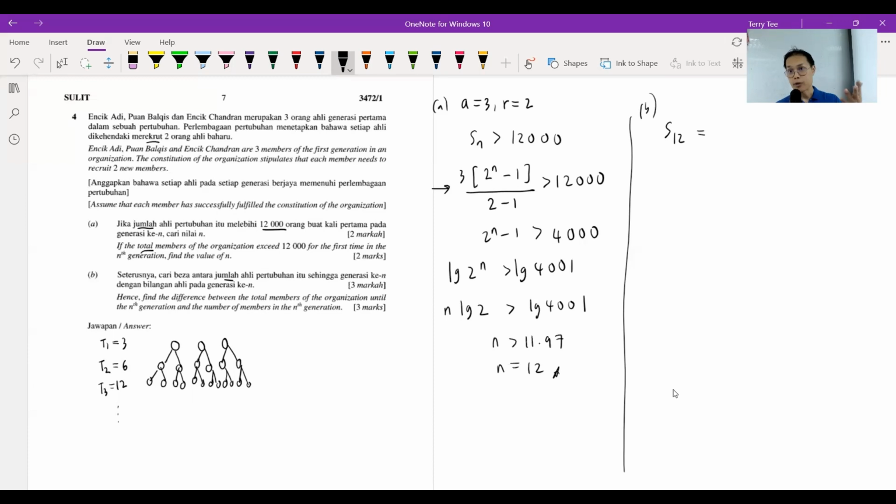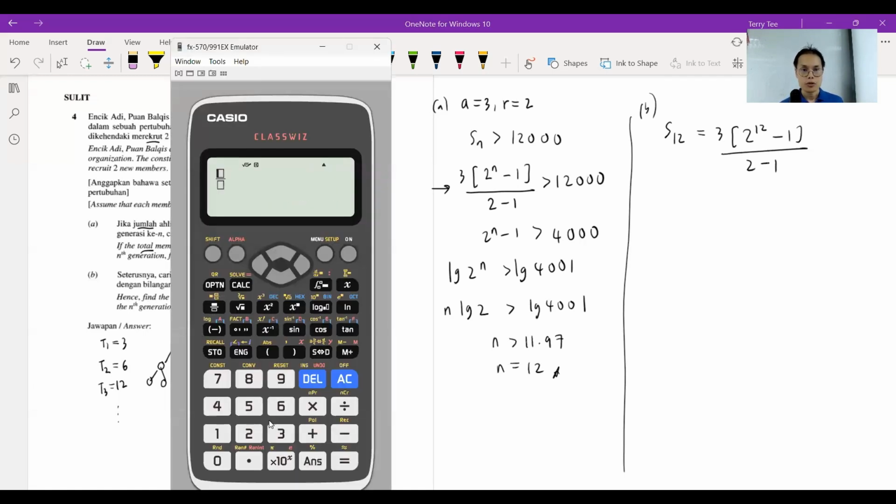We know it's more than 12,000, but we don't know exactly what the value is. So we have to sub in 3(2 power 12 minus 1) over 2 minus 1. So use your calculator.